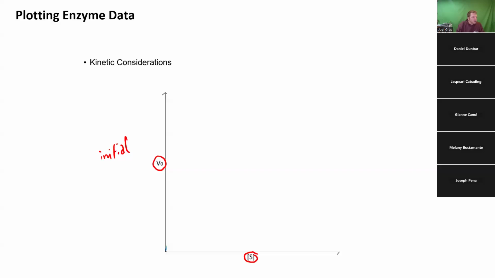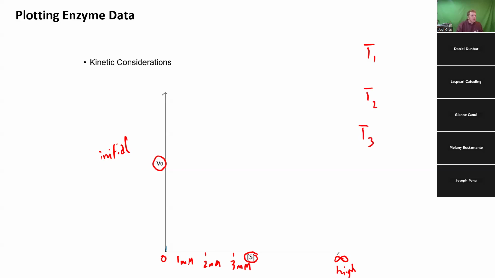Our substrate concentration will start out at 0, and it will go on into infinity, or I'll just call it high. Along the way, what you will do as a scientist and as a biochemist is have your substrate concentration be something like 1 millimolar, then 2 millimolar, 3 millimolar, and so on for all of your different trials, T1, T2, T3.